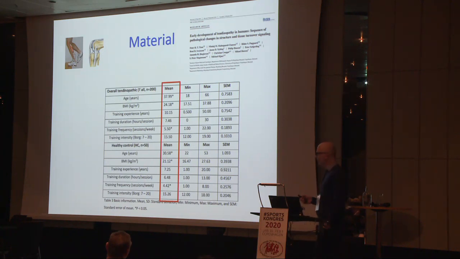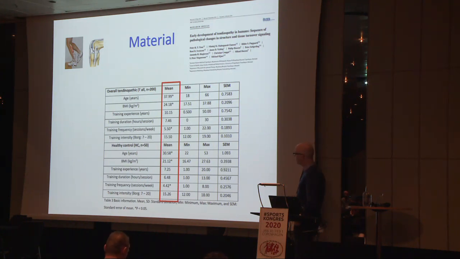That was not really intended, but we tried to match them by having their preferred training partner included. So it was just a coincidence that those with tendinopathy were a little older and also had a slightly higher BMI.